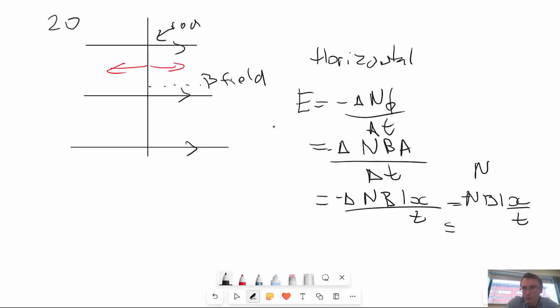So I'm going to write this over here. This is just a general case. So we should get minus BLV. The magnitude of it, depending on which way we're moving this, it would either be a plus or a minus. The magnitude will be BLV. Therefore, the correct answer should be B.